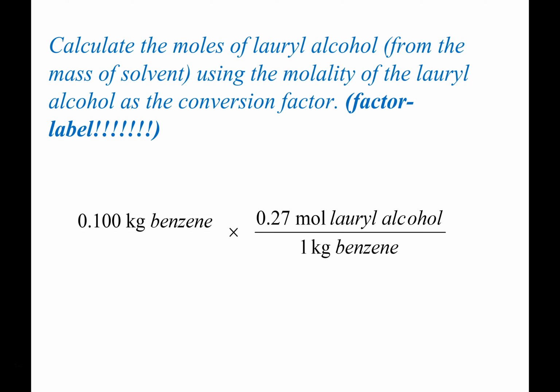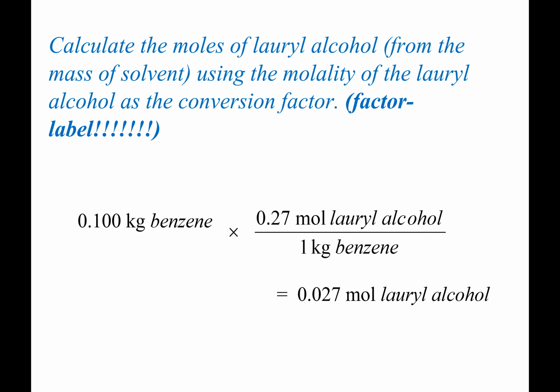This will get us moles of lauryl alcohol, LA, that we had. And then what is molar mass? Molar mass is grams per mole. So once we have moles, all we've got to do is take 5 grams divided by those moles.